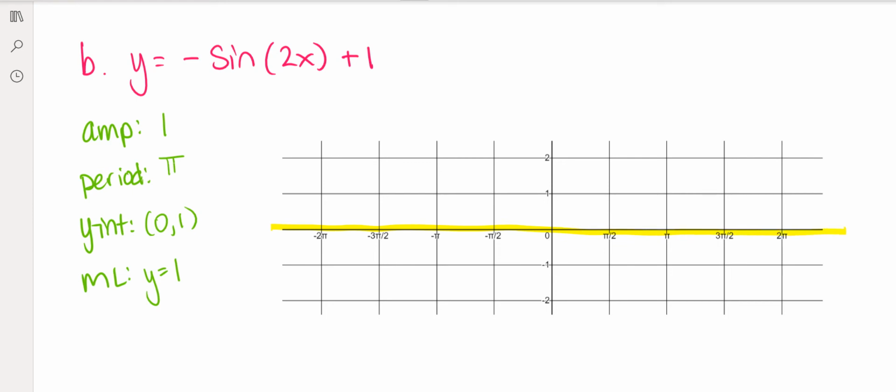Are we good? Should be on 1. Somebody was paying attention. This is a very common mistake, you guys. Everyone will be like, I'm going to put it on 0. Pay attention to what the actual midline is. So we do want to make sure that midline is on 1.